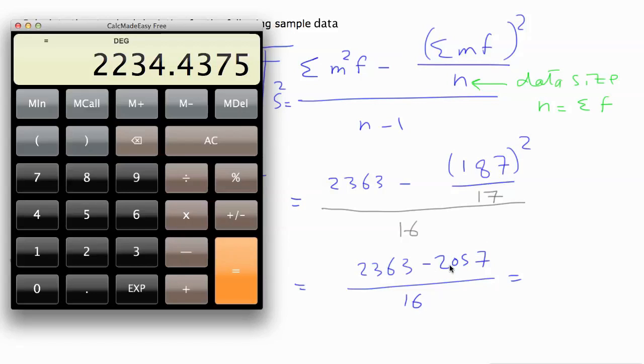We should divide the difference. So the right way to do it is to put a bracket in the beginning: 2363 minus 2057, and then close the bracket. When you close the bracket, you're getting the difference, and this difference should be divided by 16. So this will give you the right answer.